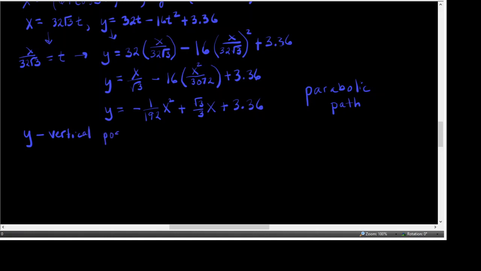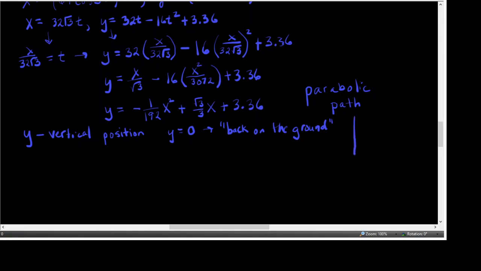And of course, what we want to do is find out how long it's going to take before it is on the ground, which means y equals 0. Well, maybe I shouldn't say back on the ground because it didn't start at the ground, but on the ground, I guess, is technically correct.